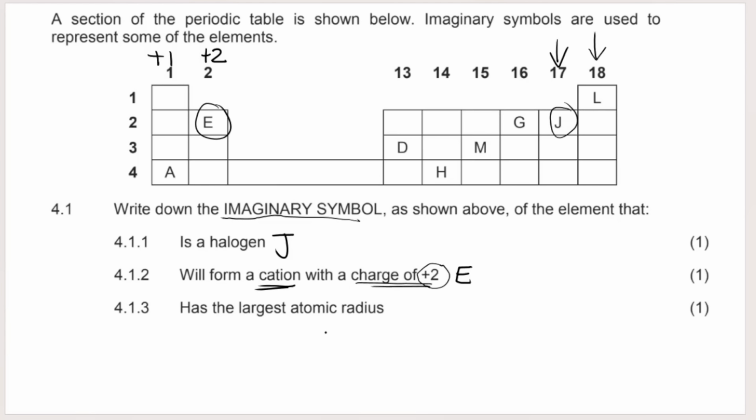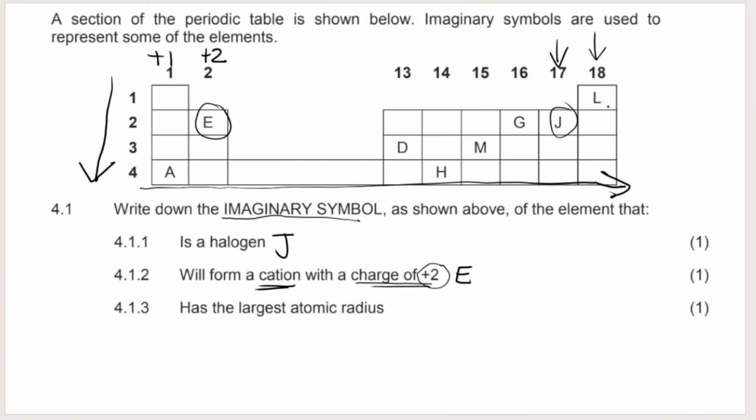Has the largest atomic radius. Now you need to study the trends in your periodic table. So you should know that atomic radius decreases across a period. So as we go this way, the atomic radius gets smaller, and it increases down a group.